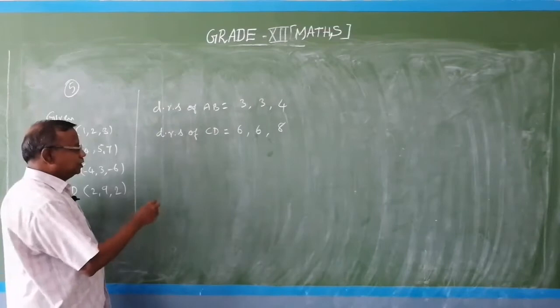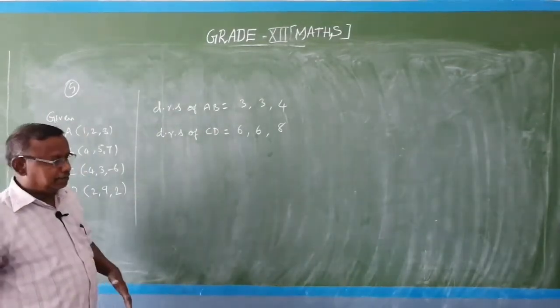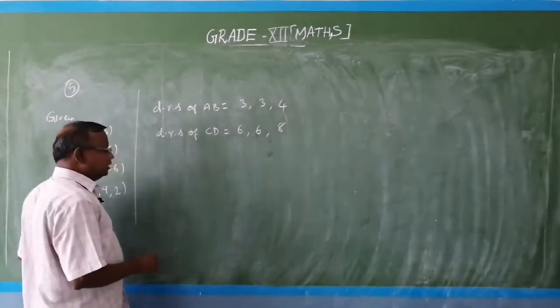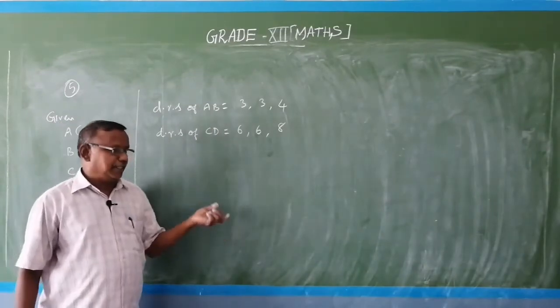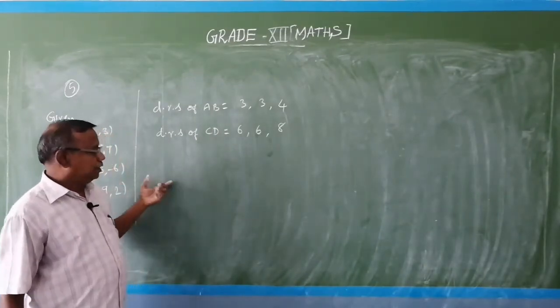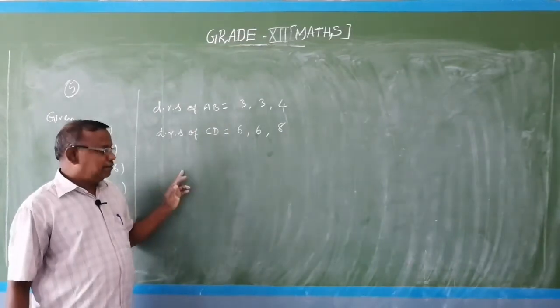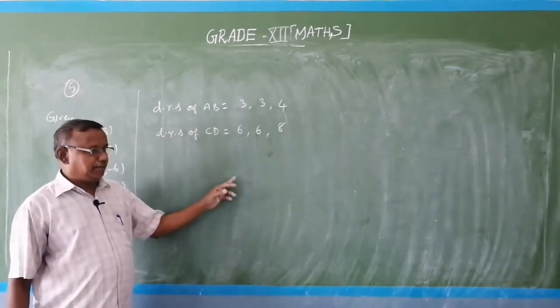Now, for two lines, we have to think of a concept we have taught earlier. If two lines are perpendicular, we have A1 A2 plus B1 B2 plus C1 C2 equal to 0.